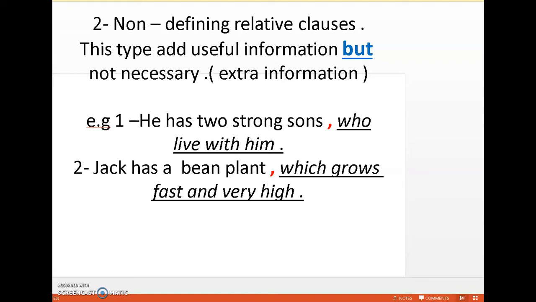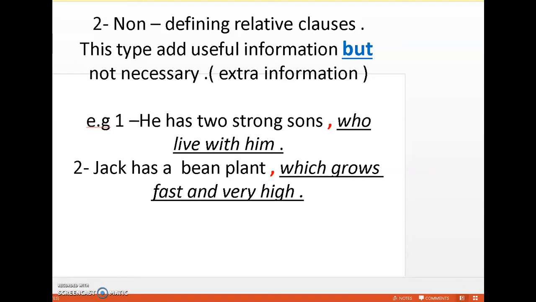Here we have two examples. Example number 1. He has 2 strong sons. It's a meaningful sentence. But we add extra information about the sons who live with him. Jack has a peony plant.